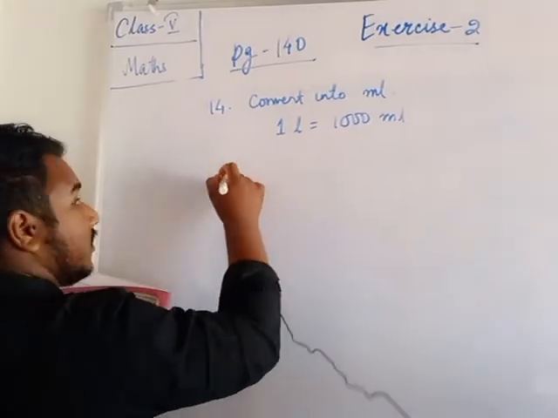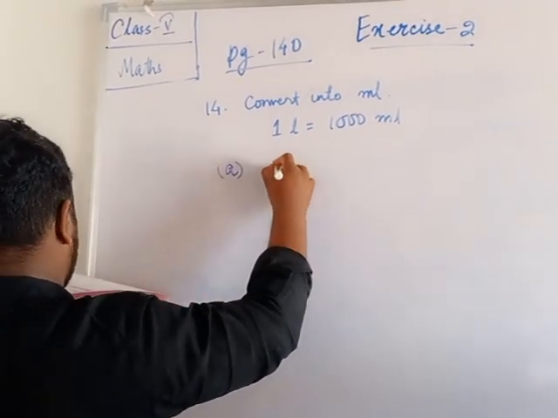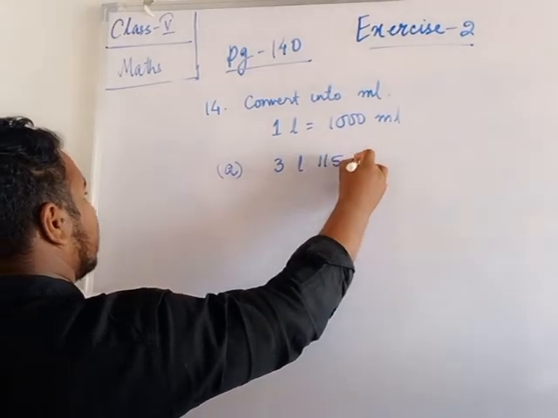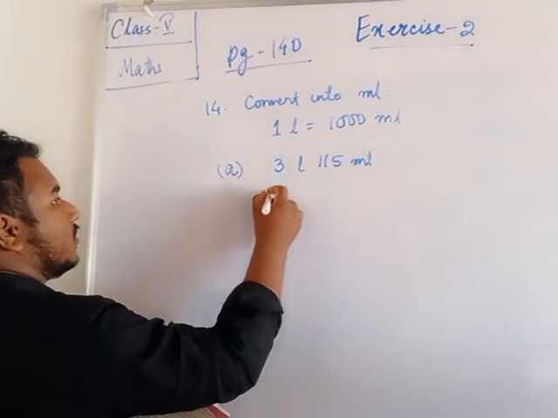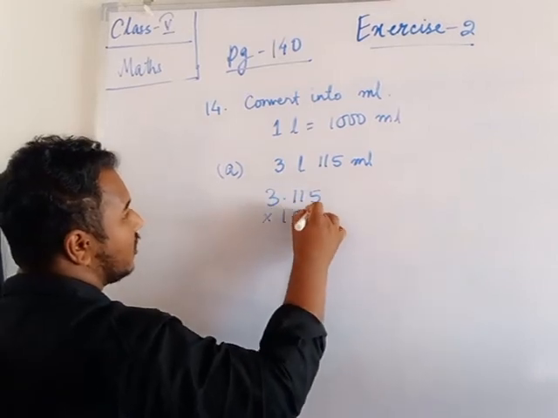Look A number. 3 liter 115 milliliter. So 3.115 into 1000.